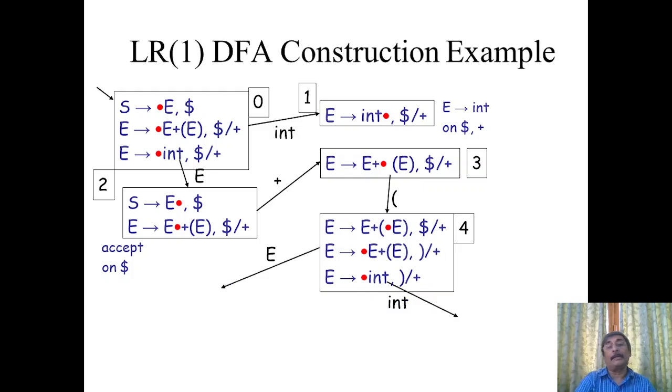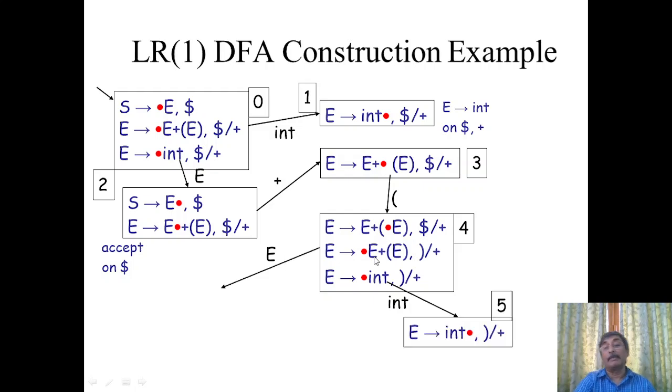So now here again, I can jump on an int and I can jump on an E because dot precedes int and E. Now these two jumps do not change my situation at all. Also see state number 1 and state number 5.